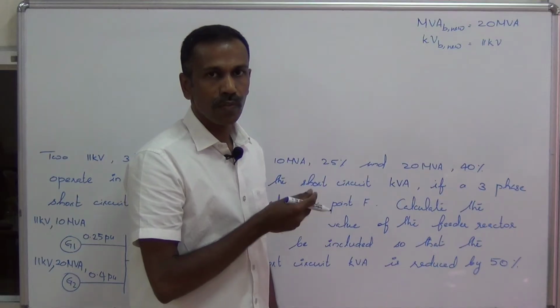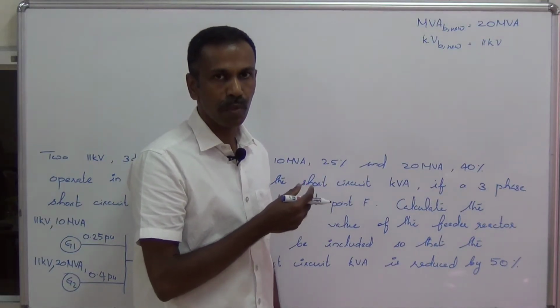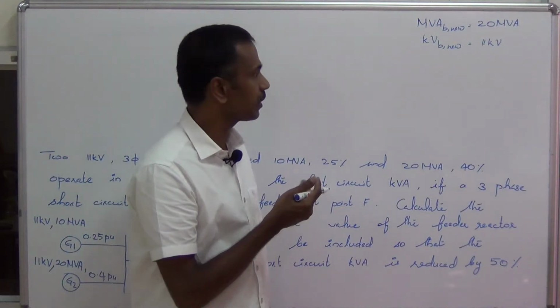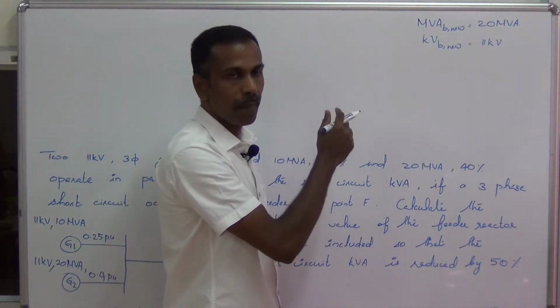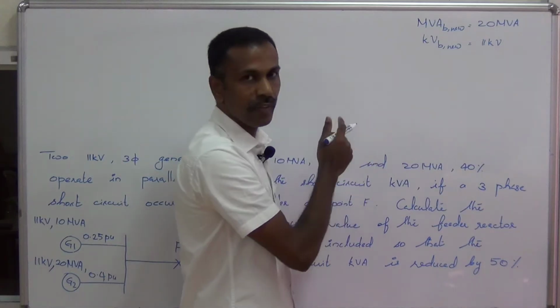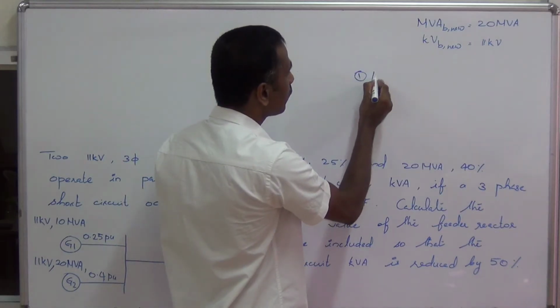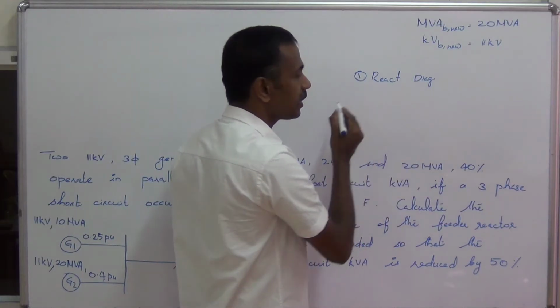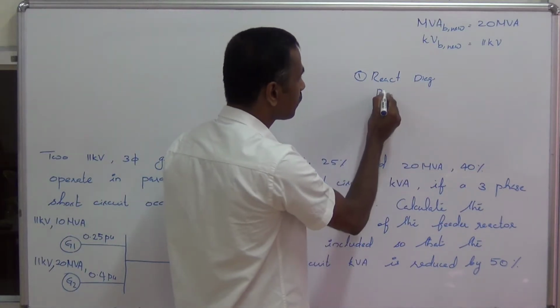In order to solve the three-phase ground fault problems, or symmetrical fault analysis, this is the approach we are using. After choosing the base values, we need to draw the reactance diagram and mark the per unit reactances.